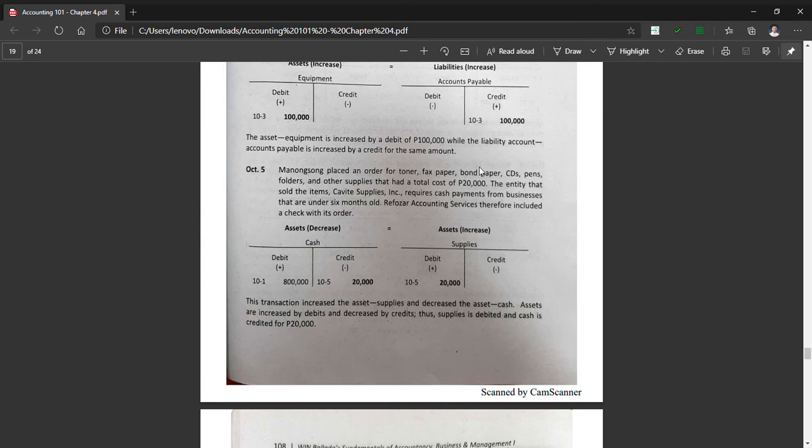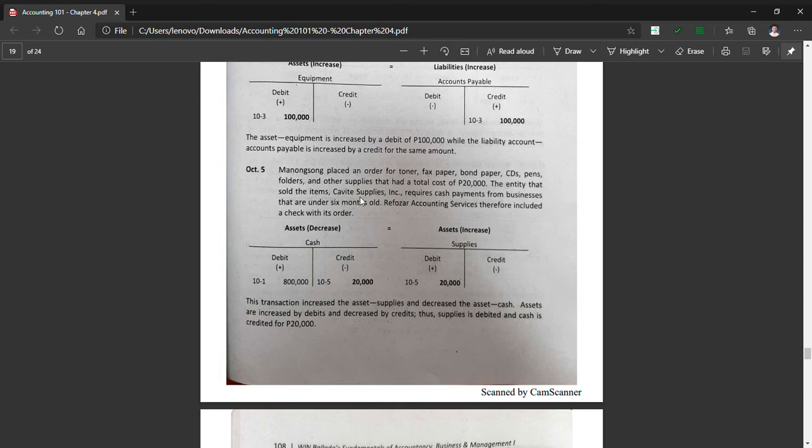And this time, required tayong magbayad ng pera. It requires us for the cash payment. So, we paid using a check. And yung check, it is once again under your cash. Right? So, kahit hindi necessarily pera, it is still under your cash.